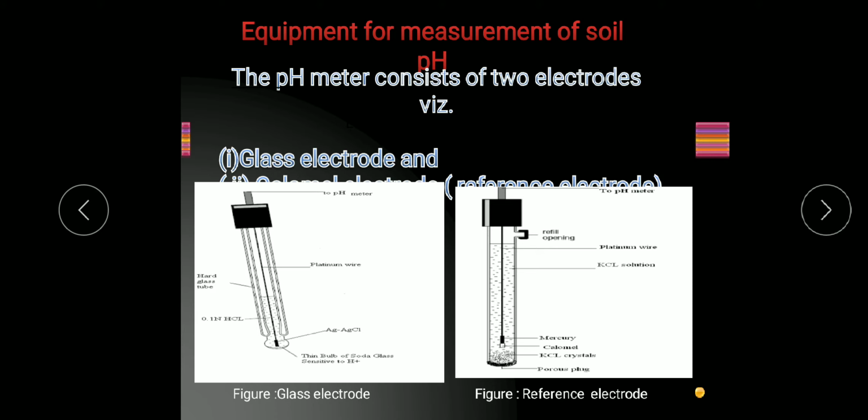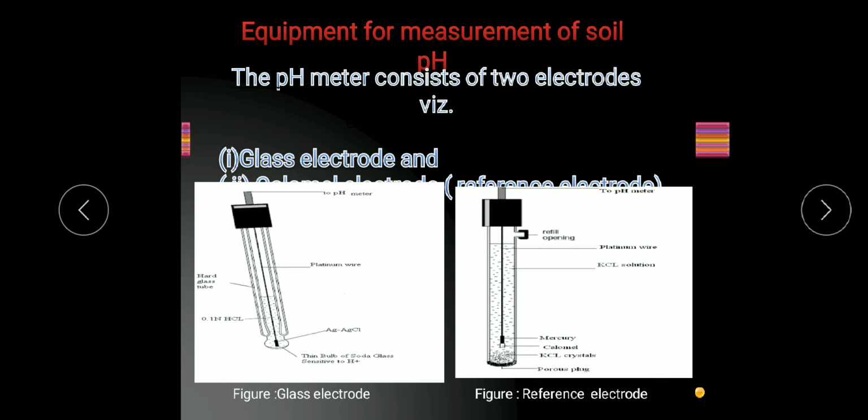These are the equipment for measurement of soil pH. These are the two equipments: the first is the glass electrode and the second figure shows the reference electrode.